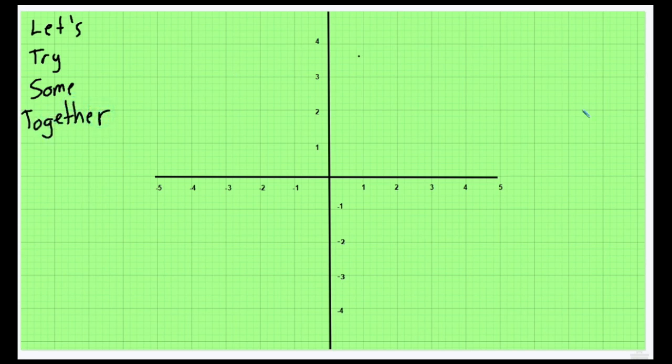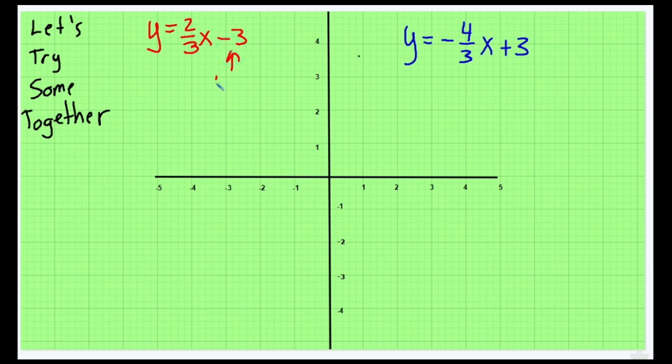Here's the first equation, y equals 2/3 x minus 3. And that's in red. This will also be color coordinated. The second line is going to be y equals -4/3 x plus 3. So we go right here and we look for the starting point, -3.